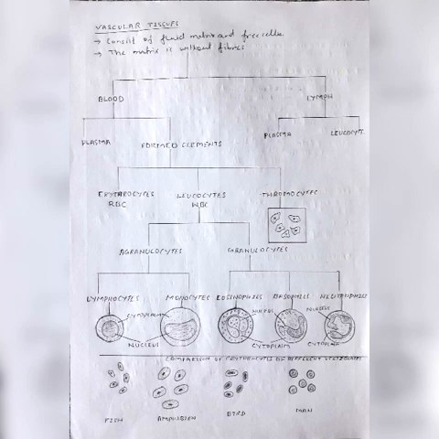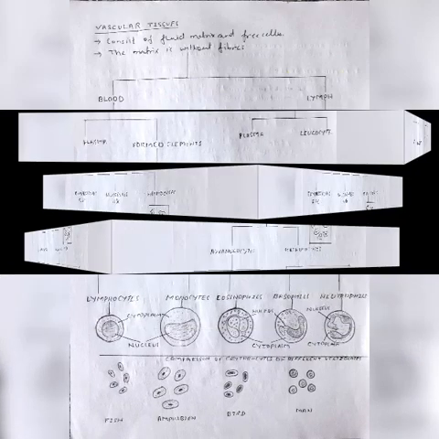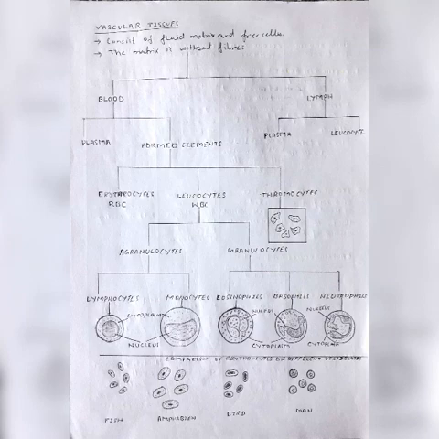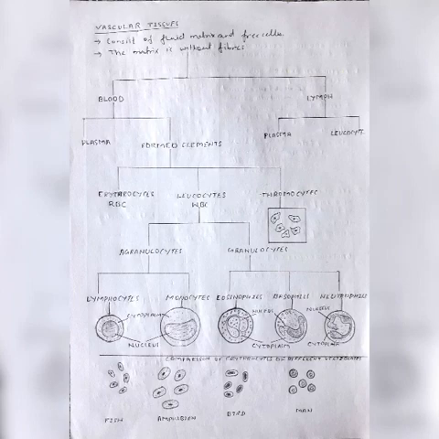Do you know what the special features of vascular tissues are? First, I would like to explain some features which make it a fluid connective tissue. The first point is that it consists of a fluid matrix and free cells. The matrix is without fibers.